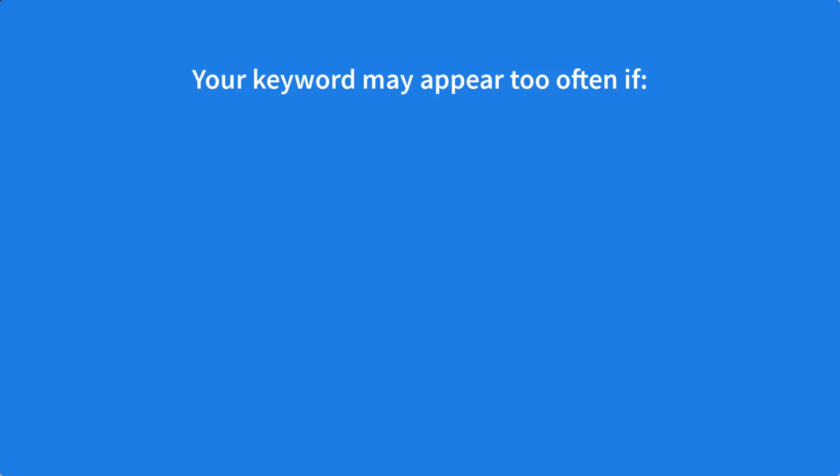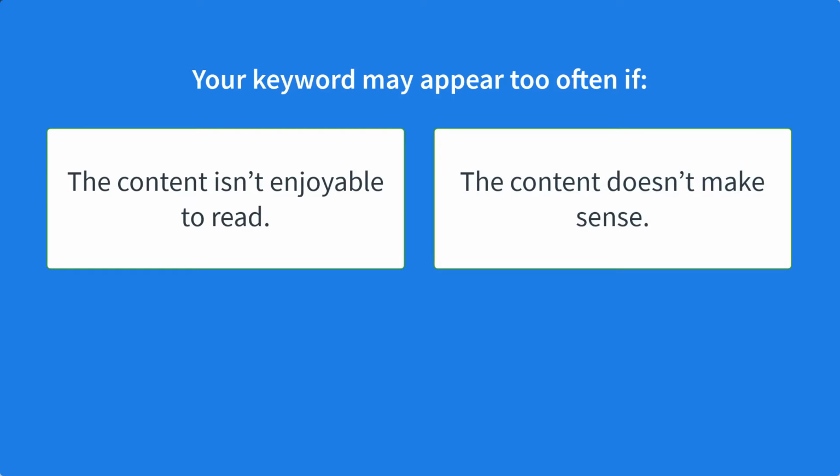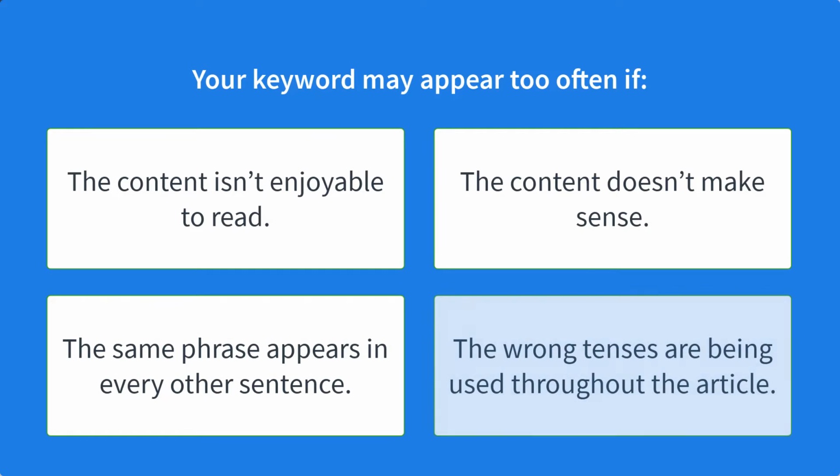Your keyword may appear too often if the content isn't enjoyable to read, if the content doesn't make sense, if the same phrase appears every other sentence, if the wrong tenses are being used throughout the article. All of these issues can occur when the writer is determined to use one primary key phrase exactly letter for letter in every possible instance of the article.